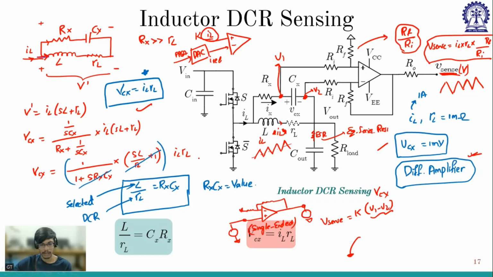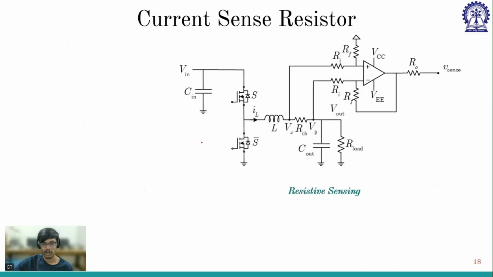Okay. So this is the inductor sensing, and coming to the current sense resistor. One thing they can also do is connect a resistance RS in series with the inductance and tap the voltage across it, VRSH. You may think this is lossy.